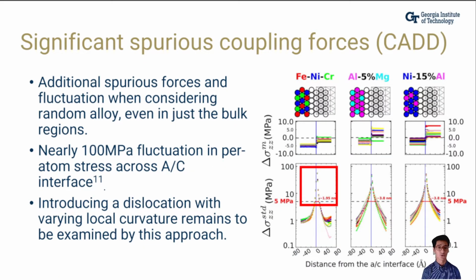Introducing random solute species further exacerbates this issue, even in the absence of a dislocation or a defect. Drawing your attention to the bottom left plot, the stress fluctuations in an iron-nickel-chromium alloy across the coupling pad region in CAD simulations is nearly 100 megapascal. Introducing a dislocation with varying local curvature and stress remains to be examined with this approach due to such limitations.